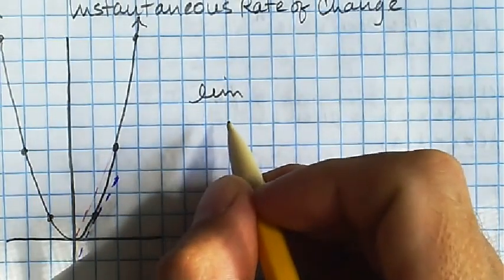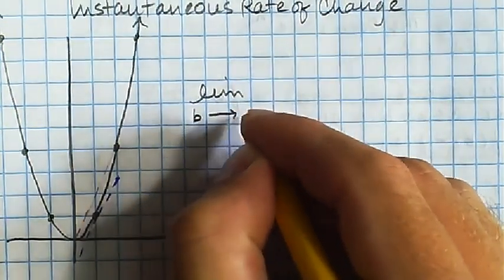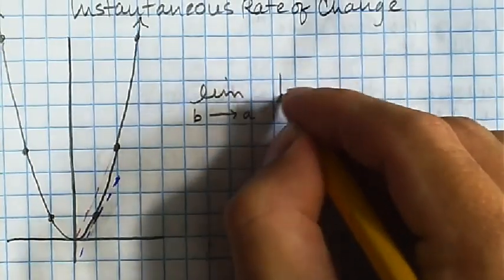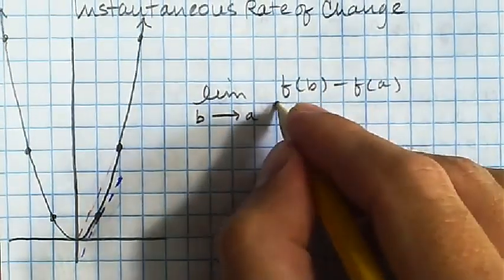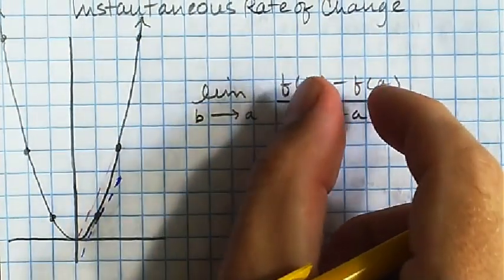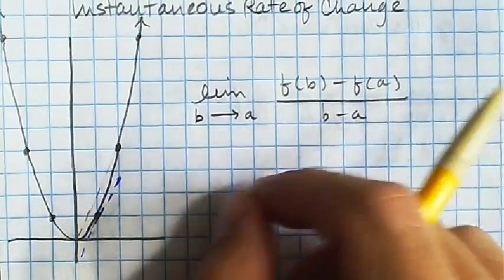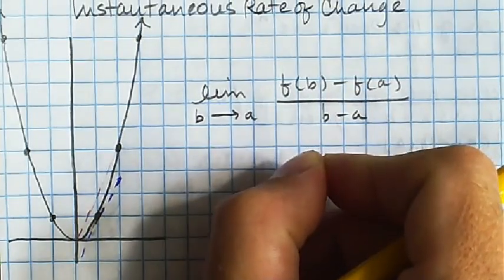Now this is very non-mathematical, right? But this is kind of the intuition that I want you to have. So as we're getting these 2 points closer and closer together, what's the limit of this slope, right?